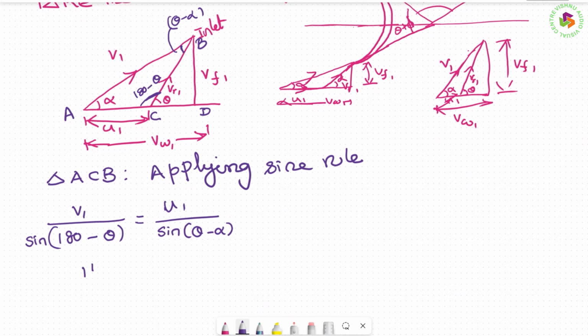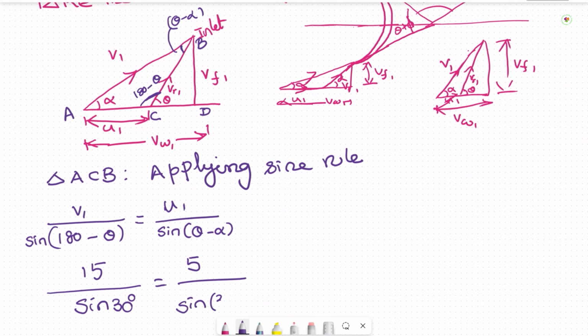So 15 divided by sine of 180 minus theta, already 180 minus 30, so it is sine 30, because theta is equal to 30. So it is U1, which is 5, divided by sine of 30 minus alpha. So all the things are known from this.